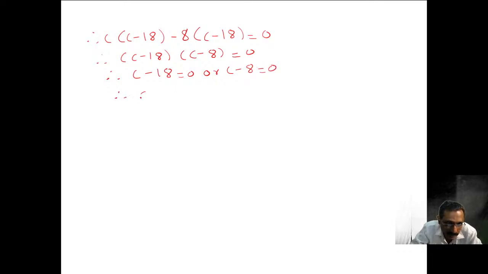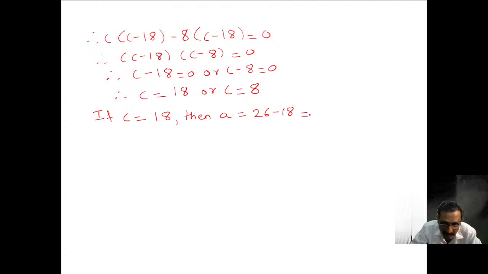Therefore C is equal to 18, when this minus 18 goes there, you get plus 18. Or C is equal to, when this minus 8 goes there, you get plus 8. So what are the two values you got? 18 and 8. Now if C is equal to 18, then A is equal to 26 minus 18, and 26 minus 18 gives you what? 8.